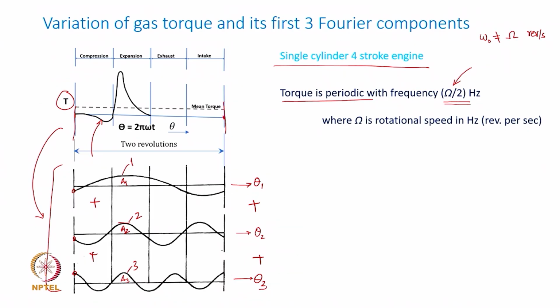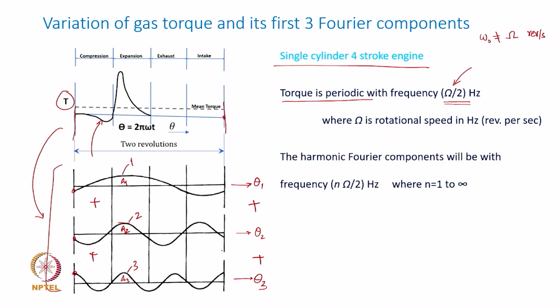Okay. Now, therefore, these coefficients that you see will be harmonic, they will be multiples of this fundamental frequency. Fundamental frequency is the fundamental period related frequency, which is rho by 2.